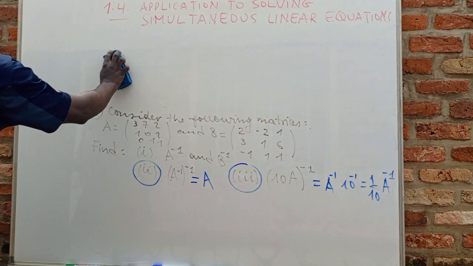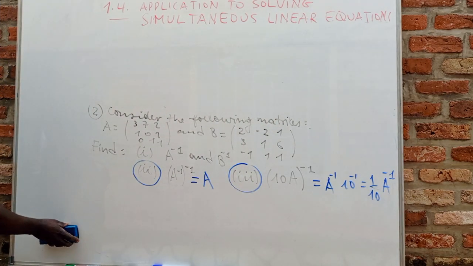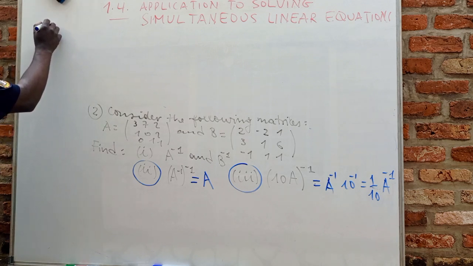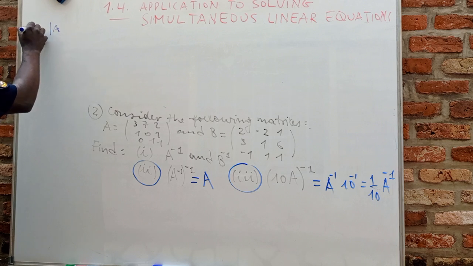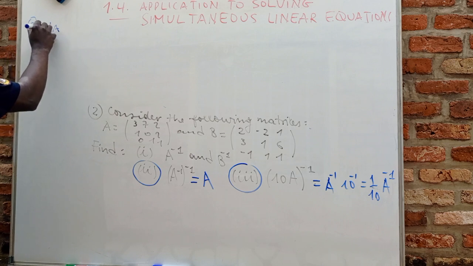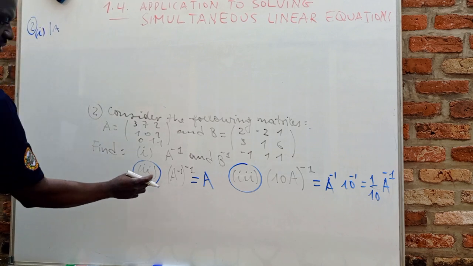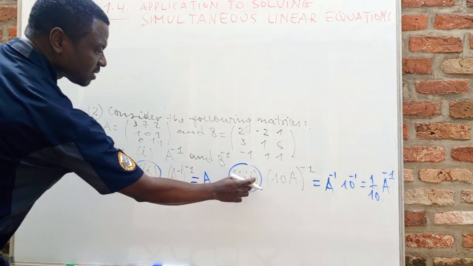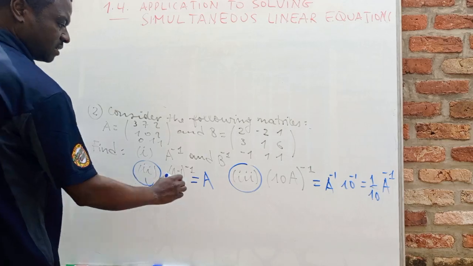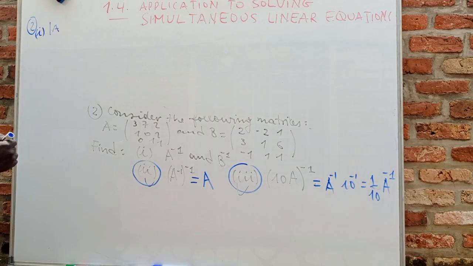Now let us think about how we can calculate, first of all, the determinant of A. We are looking for 2 first. So we work out the first one because 2 and 3 have been resolved here. This one is okay. We are going to work on this one.